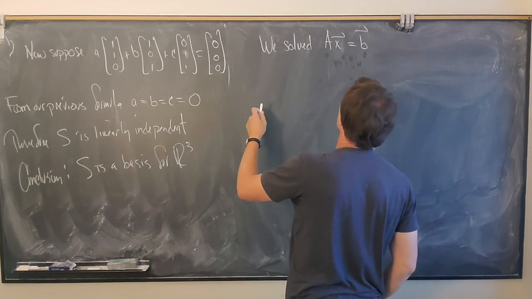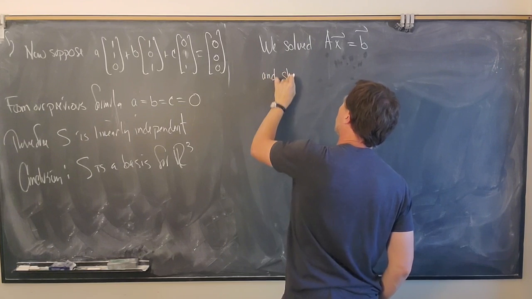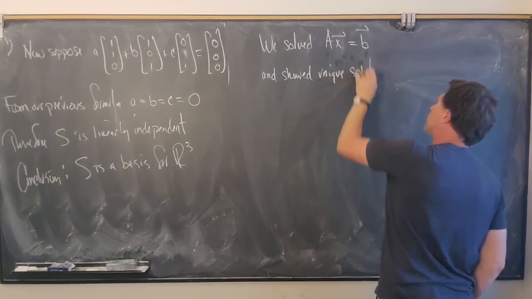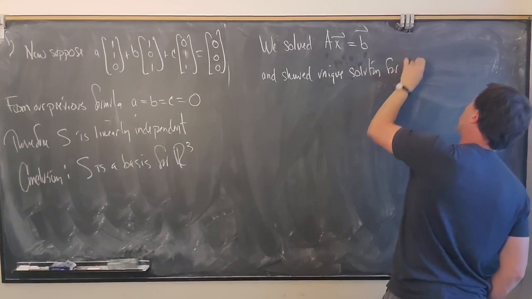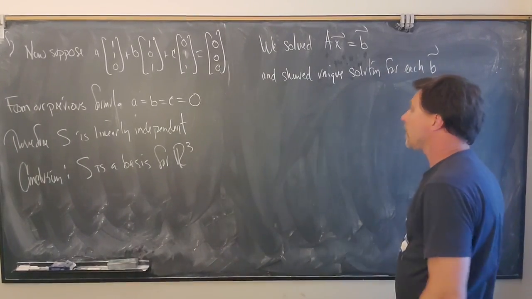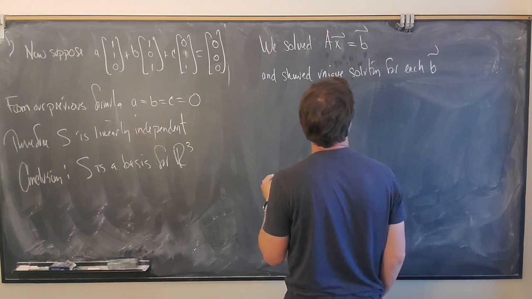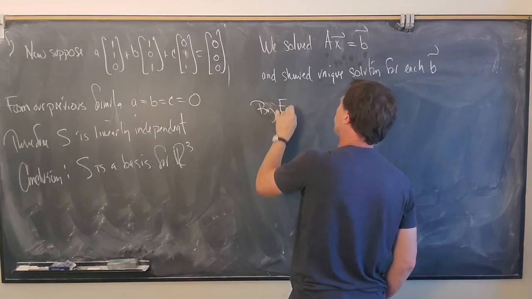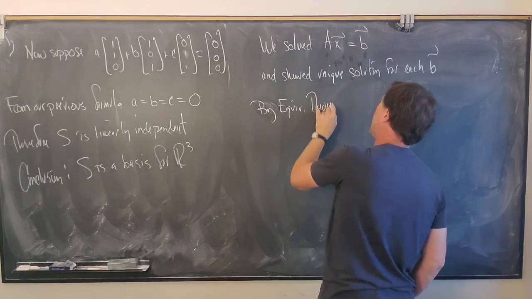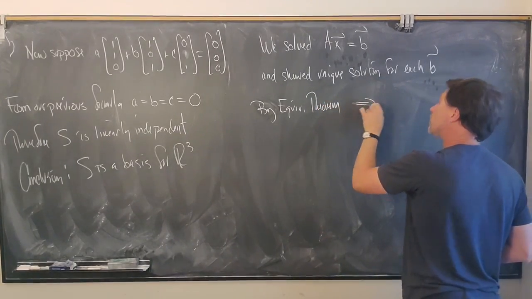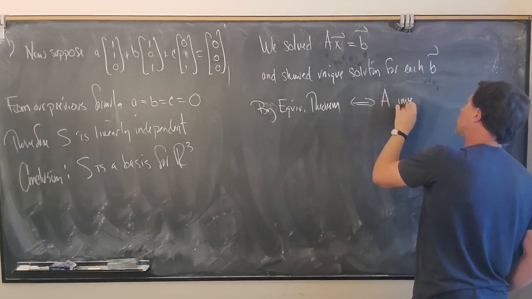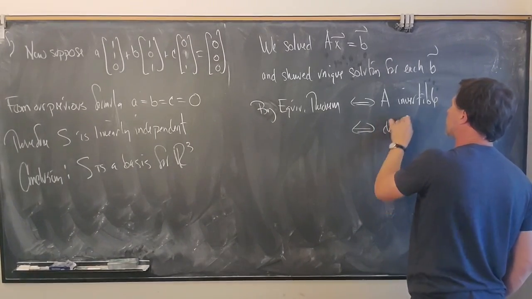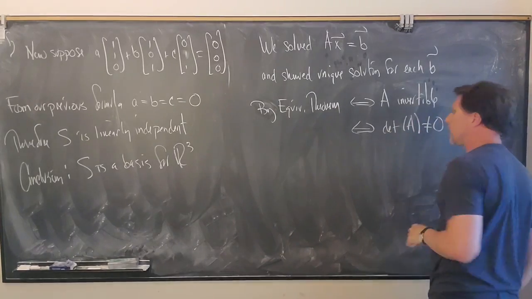So we showed a unique solution for each B. Now, by the equivalence theorem, a unique solution for each choice of B is true if and only if A is invertible, if and only if the determinant of A is not equal to 0.